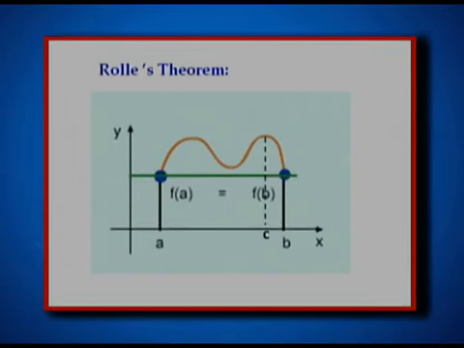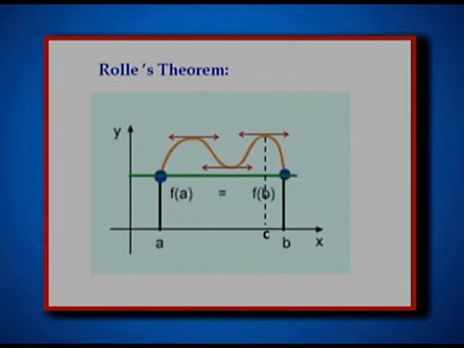And what you see in this case is that there exists at least one c between a and b at which the curve is turning, and at these points the tangent will be parallel to x axis. And if tangent is parallel to x axis, the slope would be 0, and that is exactly what we mean by f dash of c is equal to 0.